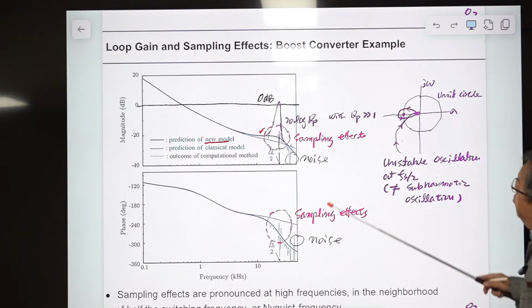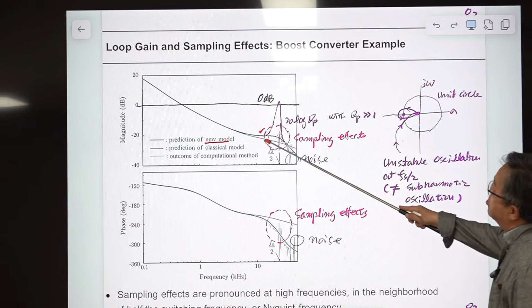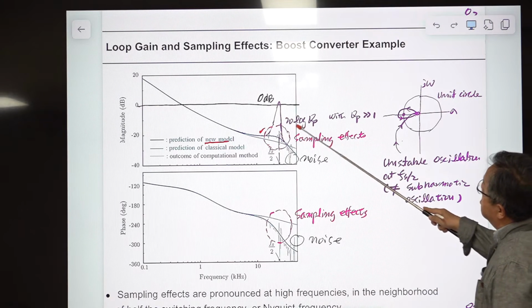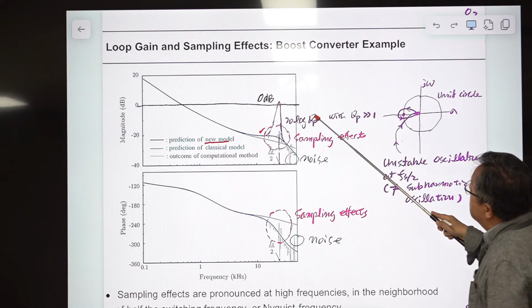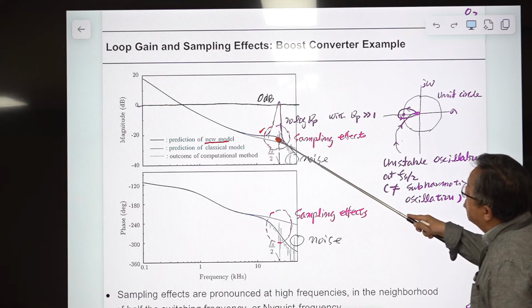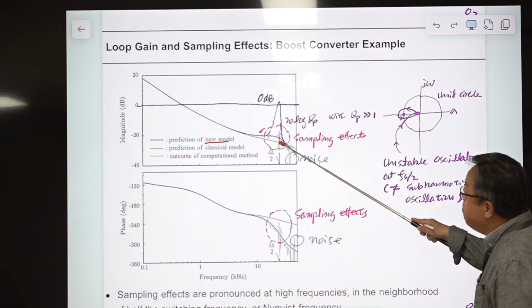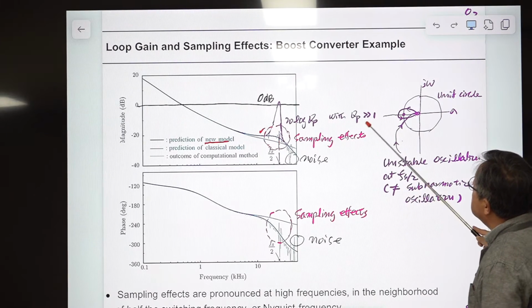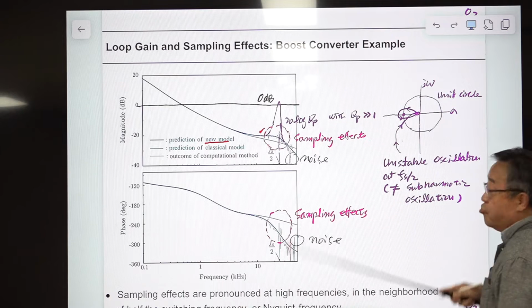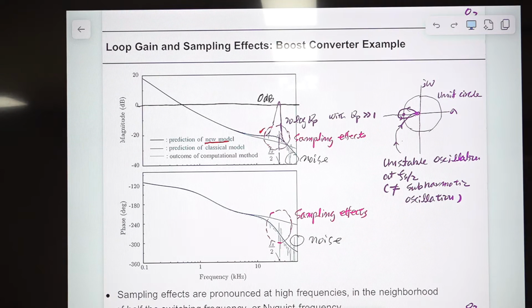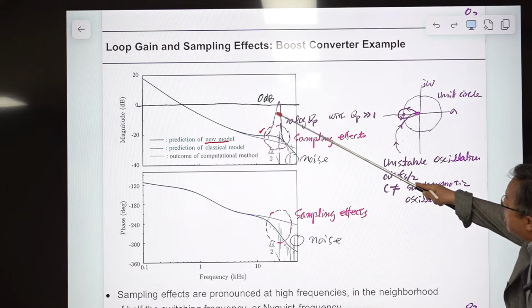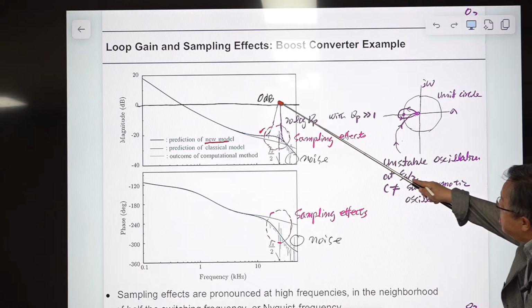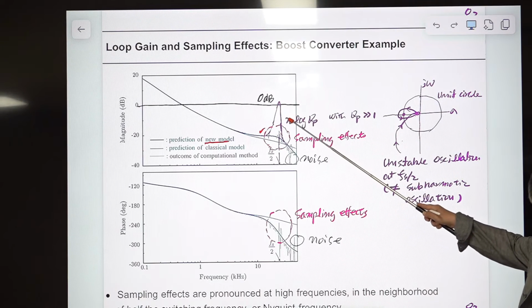Later on you will find this magnitude of peaking is expressed by this simple equation. When QP is very small, the peaking is very small. If QP is much larger than unity, for example 5, 7, or 10, then 20 log QP becomes very large. Then there is a peaking like this, and it can sometimes exceed this 0 dB line.